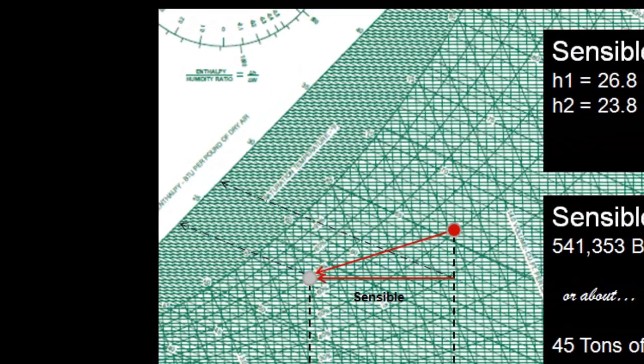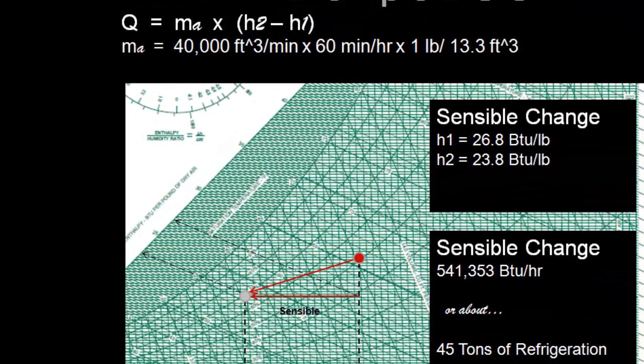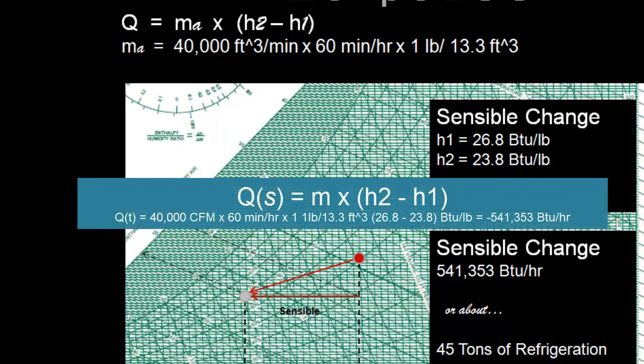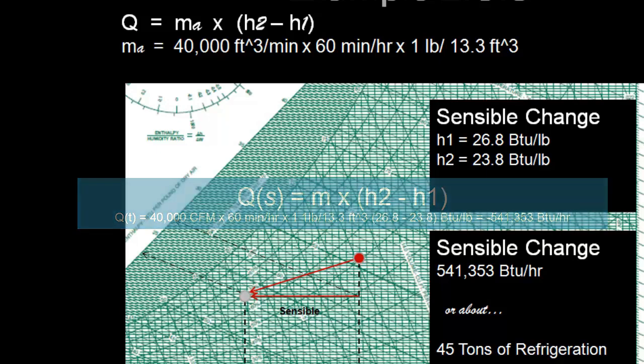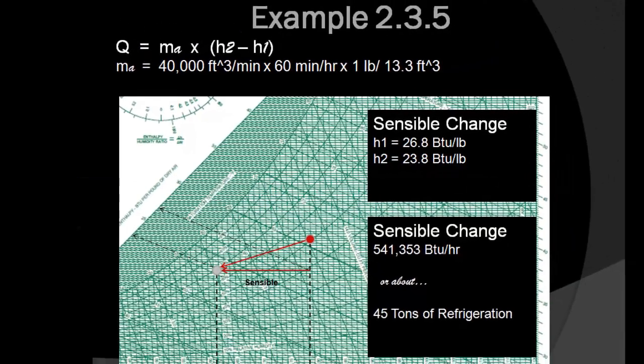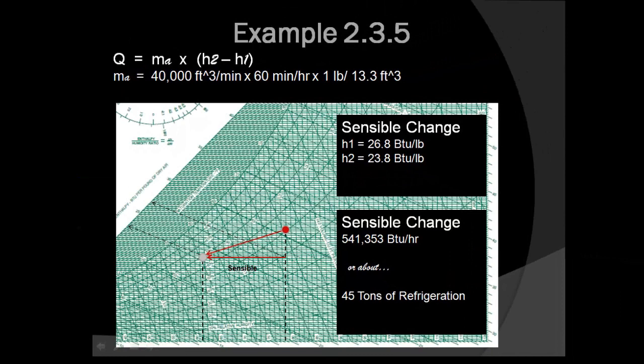Applying the enthalpy equation, the sensible change is approximately 541,353 BTUs per hour, or about 45 tons of refrigeration. And you will find that the sensible change plus the latent change will equal the total change and the total cooling capacity.